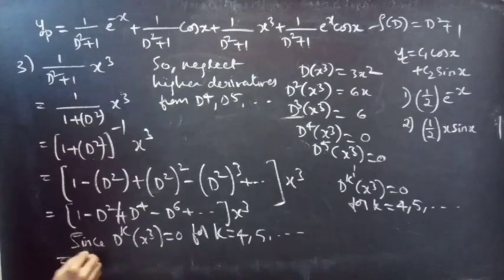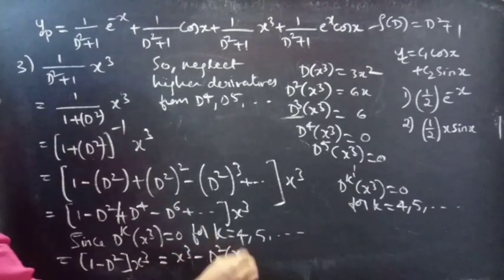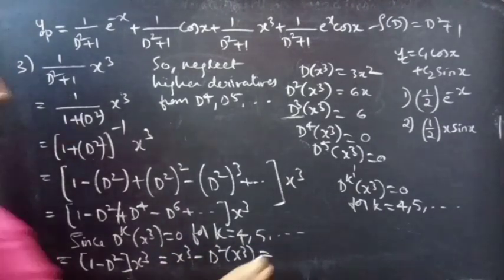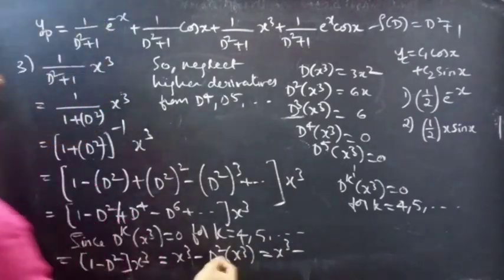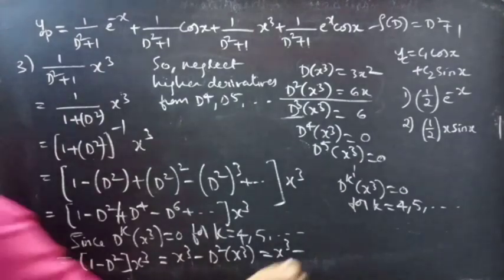And this equals 1 minus D square into x cube, which equals 1 into x cube, that is x cube, minus D square of x cube. D square of x cube is 6x.